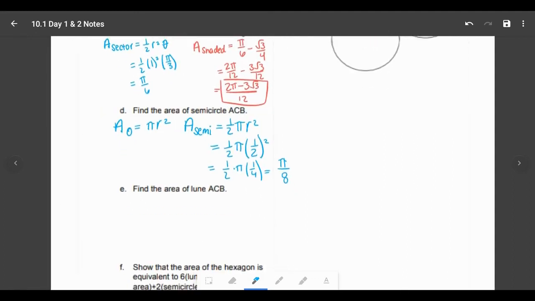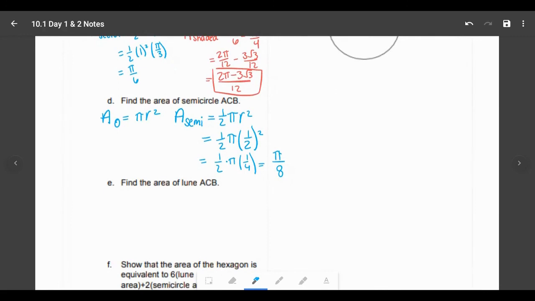So then when we move on to part E, this is what we've all been waiting for, finding the area of Lune ACB. I've already talked about it at the beginning of this problem. That area is going to be the area of the semicircle minus the area of that shaded region.